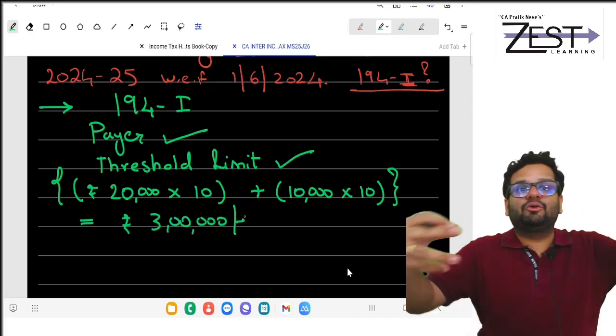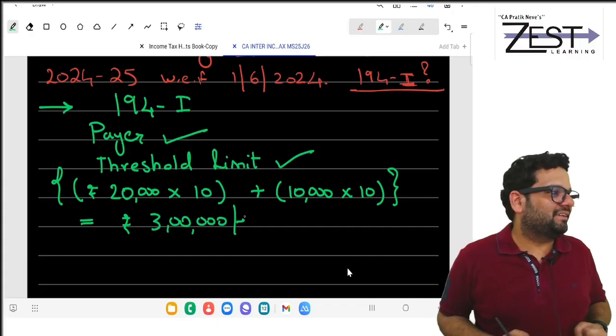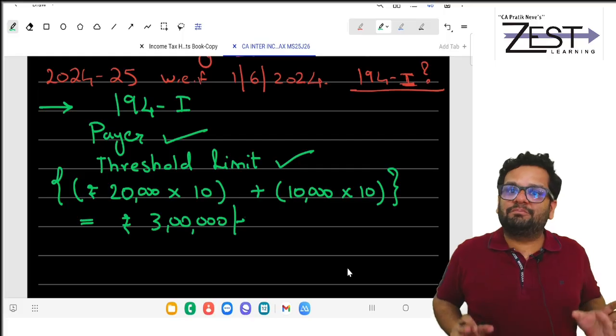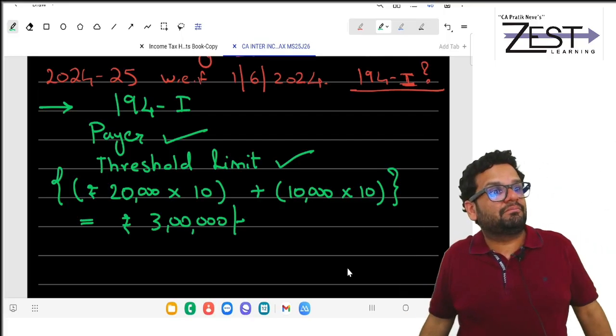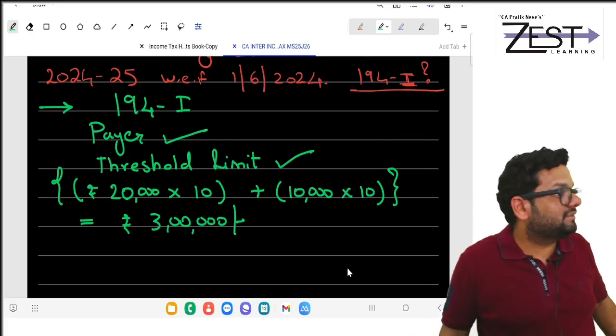So you have to combine both the rents and check the limit. Both are payable to the same person.